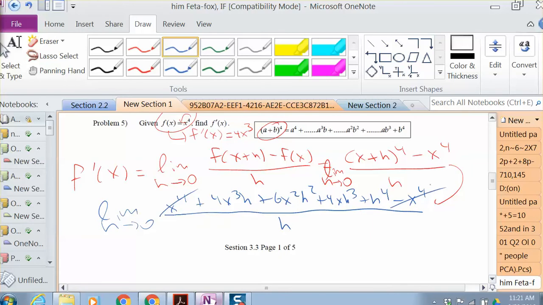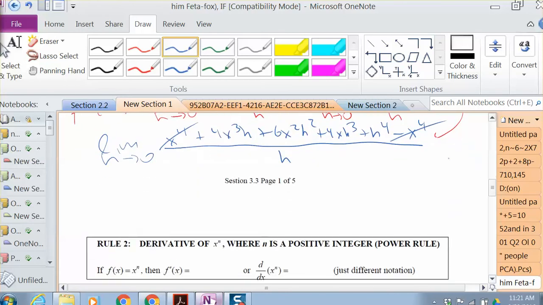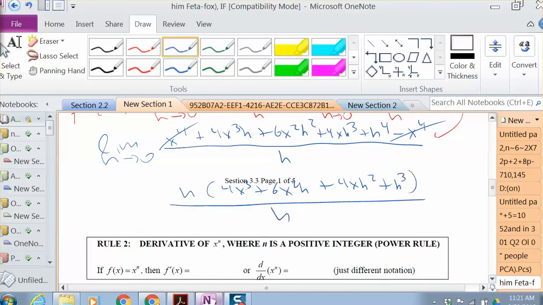The x^4's cancel, which is nice. And we can probably factor out h. So you get 4x^3 plus 6x^2 h plus 4x h^2 plus h^3 all over h. The limit as h approaches 0. Oh, look at that. Those h's cancel. If I plug in 0 for h, I'll get 4x^3.